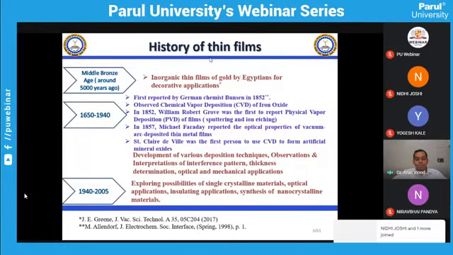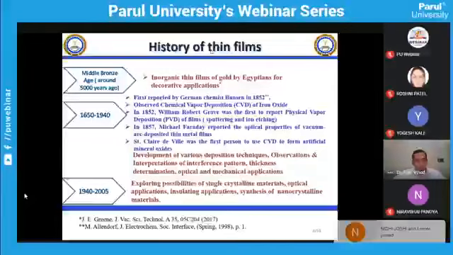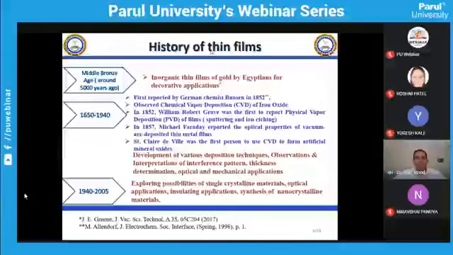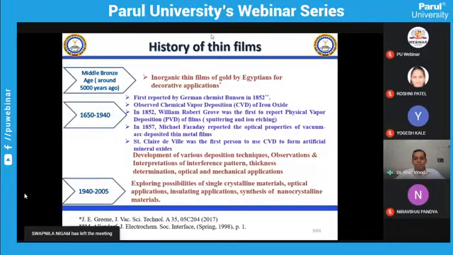The use of thin films is found in gold decoration. But when did it all go along with thin film? The first deposit was by chemistry, iron oxide.